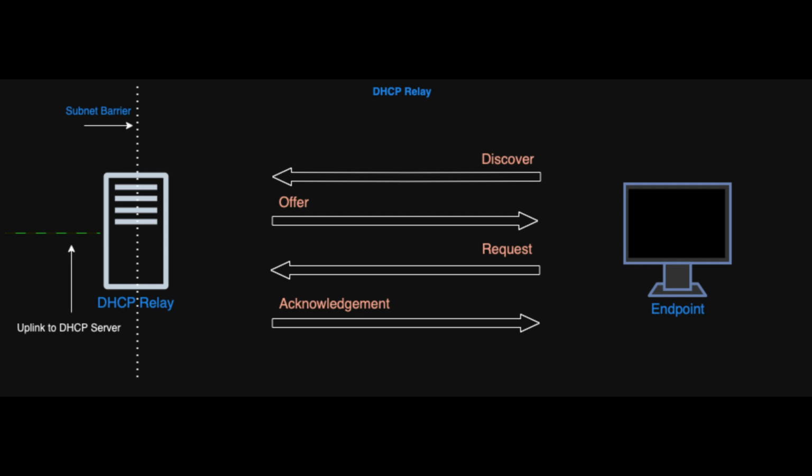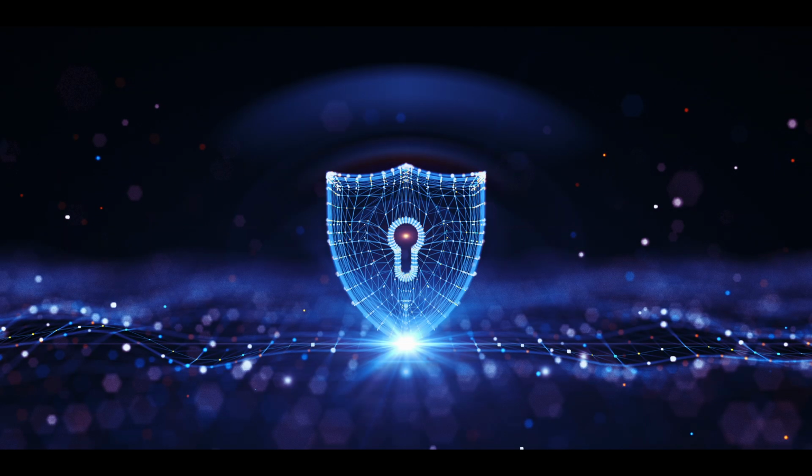A good option is to use DHCP relays, meaning if you have a router or a layer 3 switch with an interface connected to the subnet the endpoint requiring DHCP services resides in, and another interface connected to the subnet the DHCP server resides in, it can forward the DHCP traffic between the DHCP server and the endpoint across the subnet barrier.